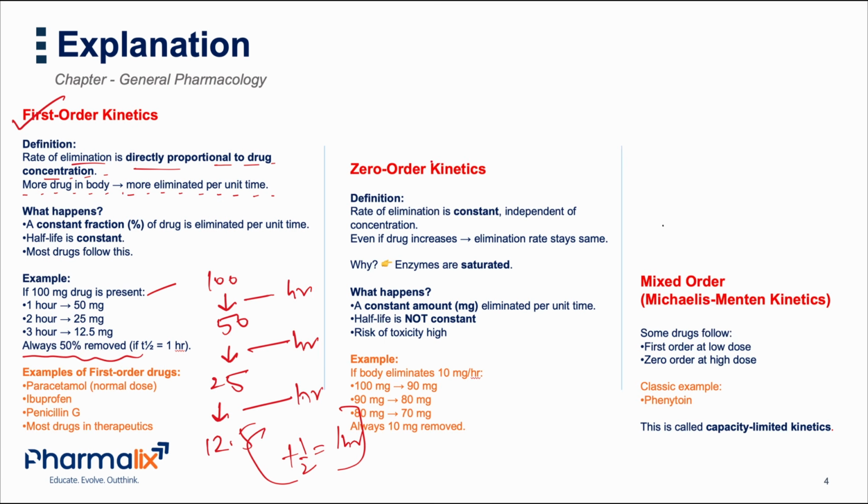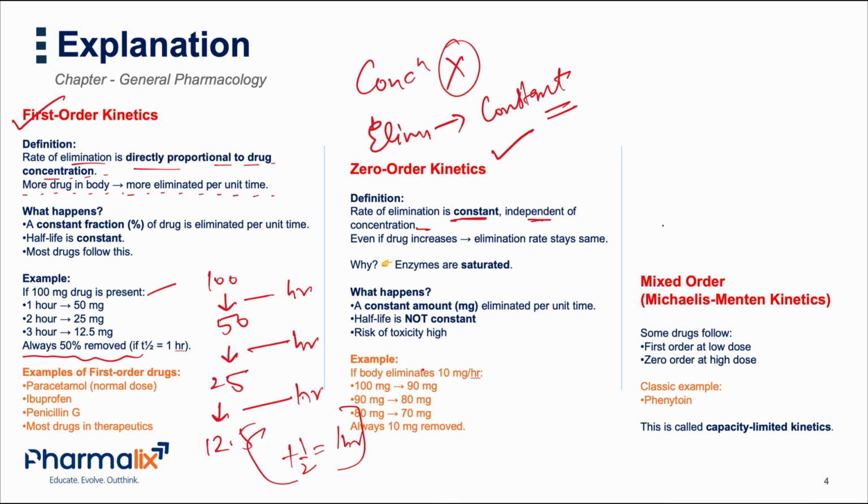Now for zero order kinetics, the rate of elimination is constant, independent of concentration. Whatever the concentration is, I don't care, the elimination will remain constant. Let's also understand by example. There is a 100 mg drug and every hour 10 mg will be removed, so it will give 90 mg, 80 mg and so on.